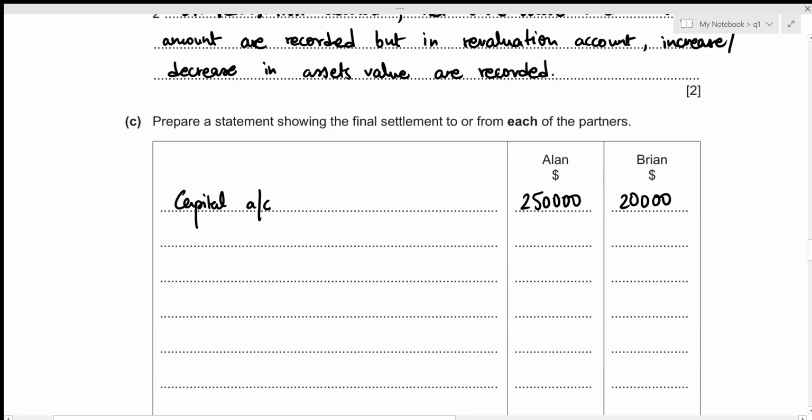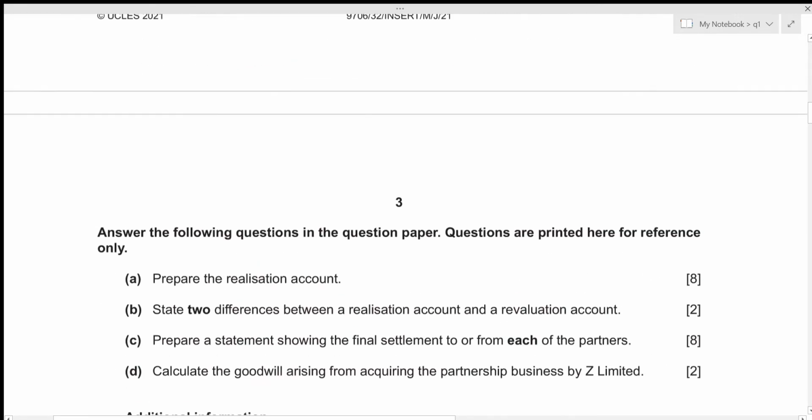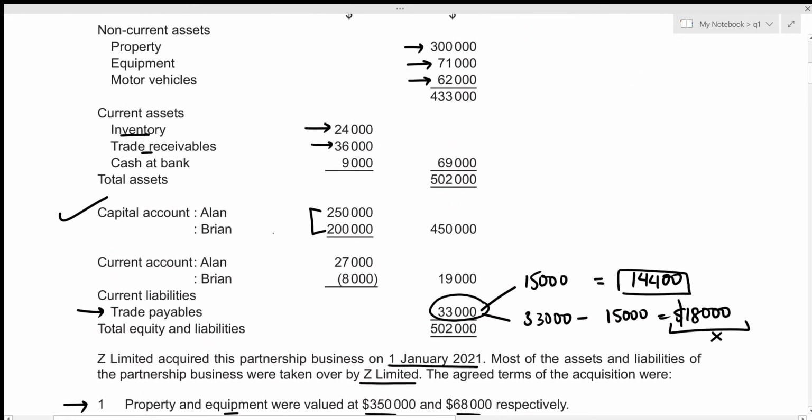Now we need to adjust the current account balances. Let's have a look above. We are given current account right here. For Alan, it amounted to 27,000, which is a positive amount, which means that his capital account balance will be increased by 27,000.